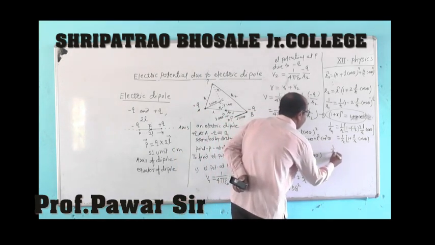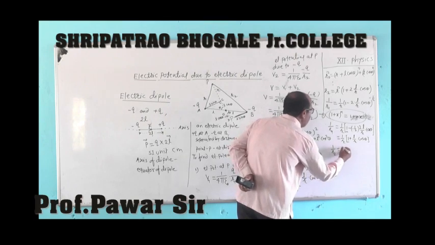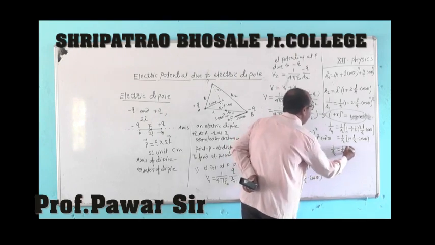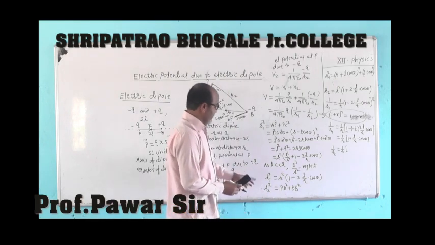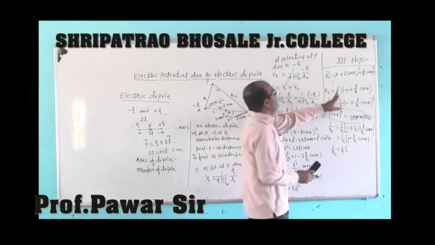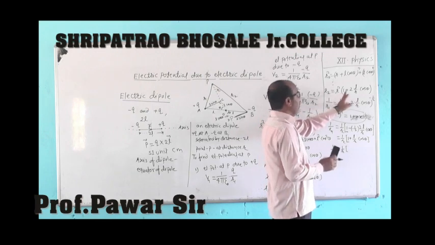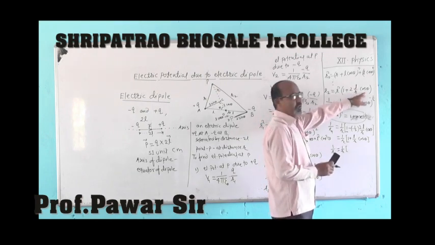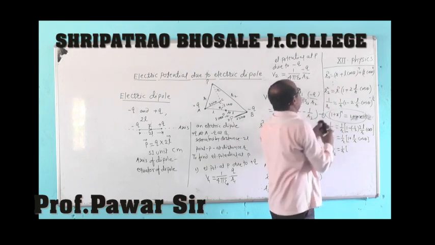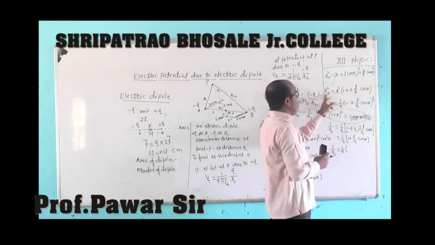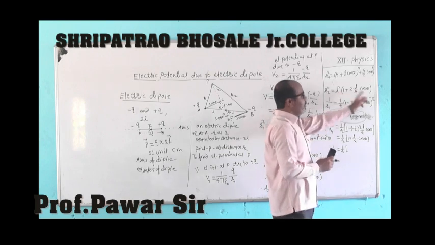1 divided by R2 equal to 1 divided by R into... R2 is R square into 1 plus 2L divided by R into cos theta. We take square root on both sides. It is R2 square. R2 equal to R into square root of this bracket.